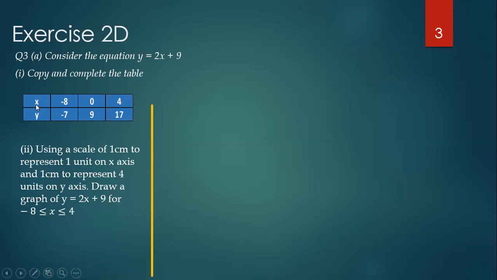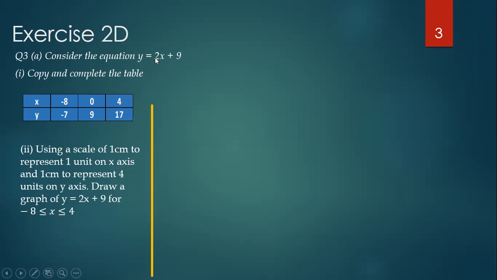We are given the values of x in our question already, and we have to solve this with respect to y. If we take x as minus 8, we'll get y as minus 7. If we take x as 0, we'll get y as 9. If we take x as 4, the value of y will be 17.